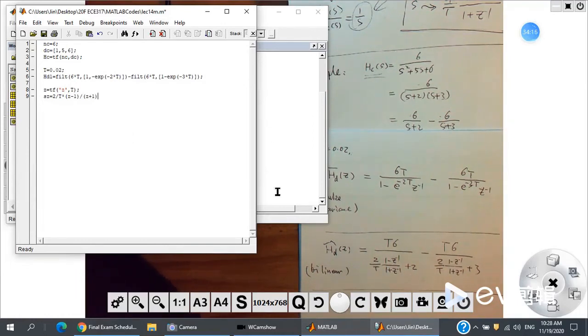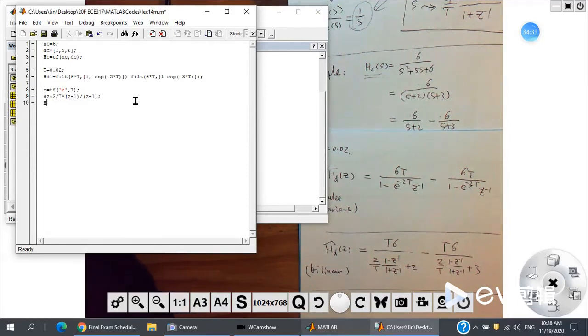Are they the same? This part, 1 minus this one, over this fraction, right? Z to negative 1. I times z on both numerator and denominator, then it becomes z minus 1 over z plus 1. Okay, so this is the sz.